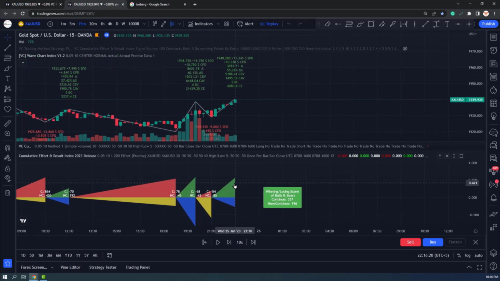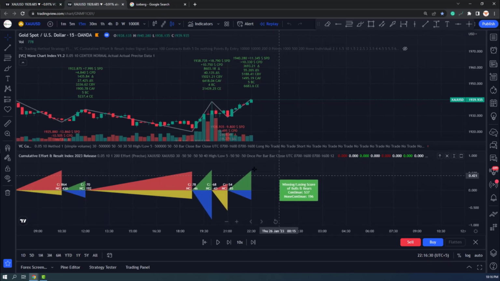The wave is positive. Graphically, you can see as well, the price is moving upside and consuming very little effort. The effort of the bulls is very little as compared to the previous two waves.